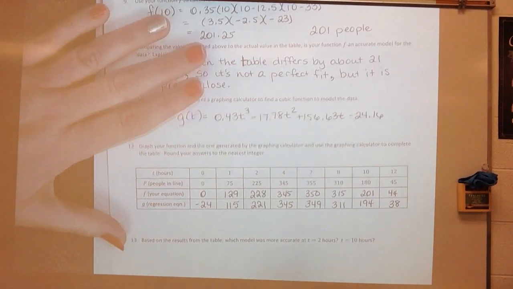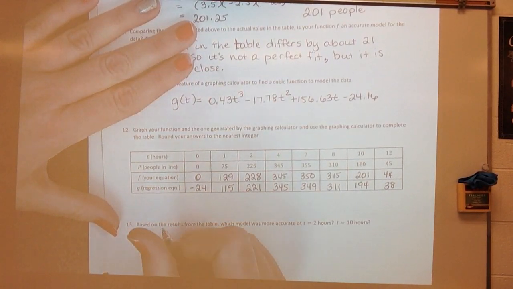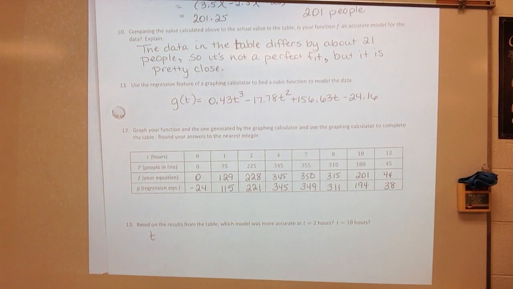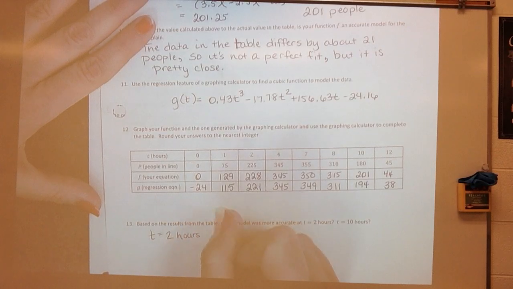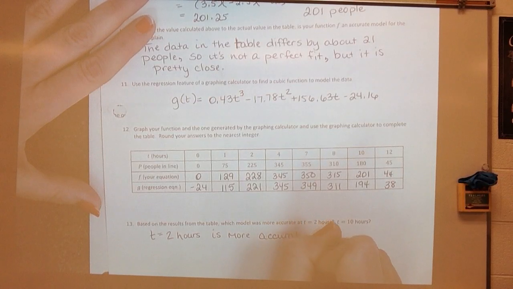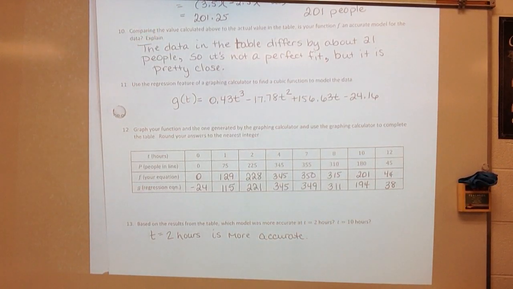They are closer. It was only off, ours was off by 3, and the calculator was off by 4. The graphing calculator was more accurate at 10 hours, but we were off by 14.